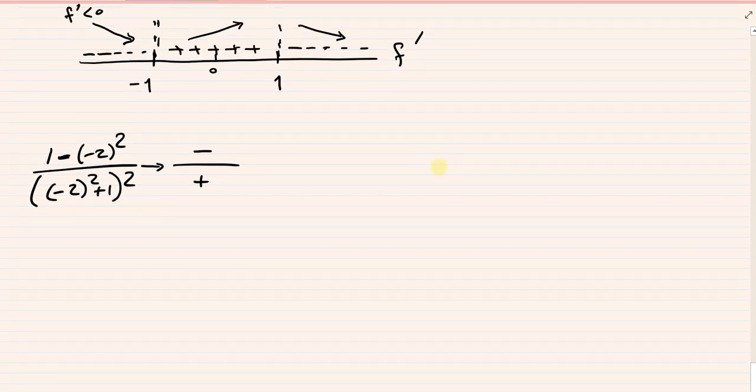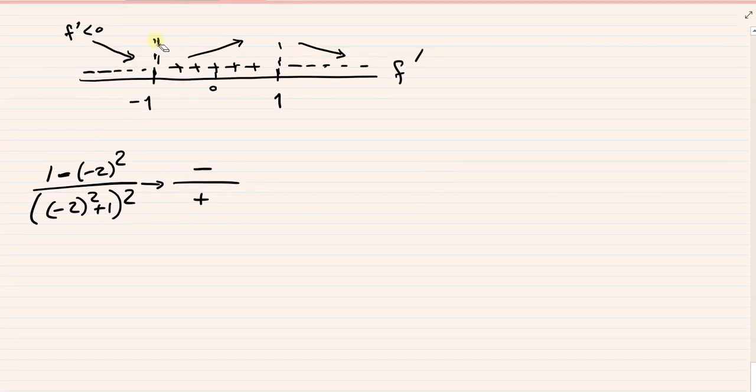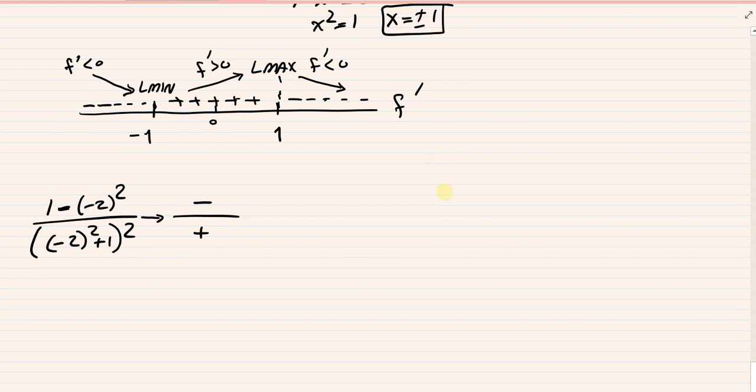Now, the transition points from negative to positive slope, there f prime is positive and f prime is negative. There's going to be a local min here and a local max, or relative max, up there. Good. And the determination of local min, local max, by the way, that's when the first derivative test kicks in. So we just did the first derivative test by calling these local max, local min.